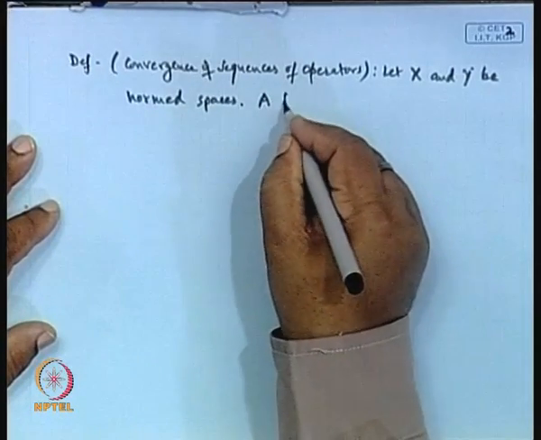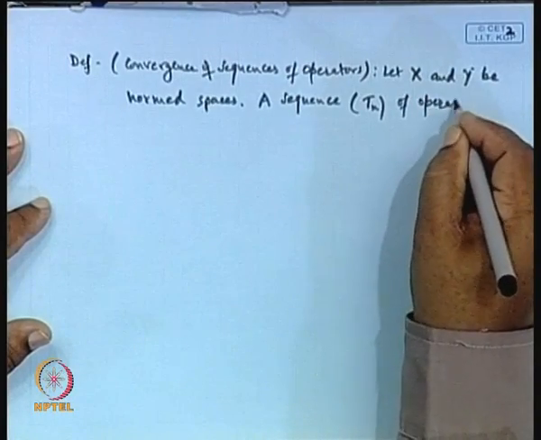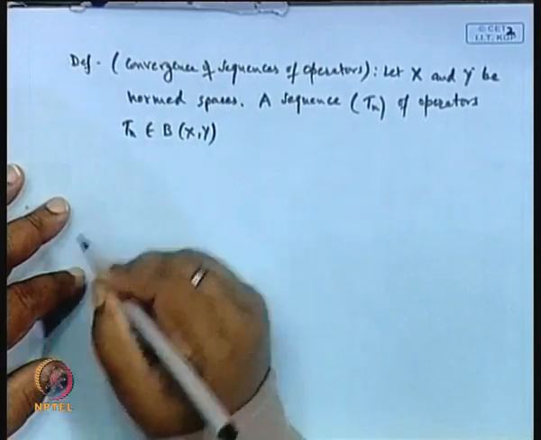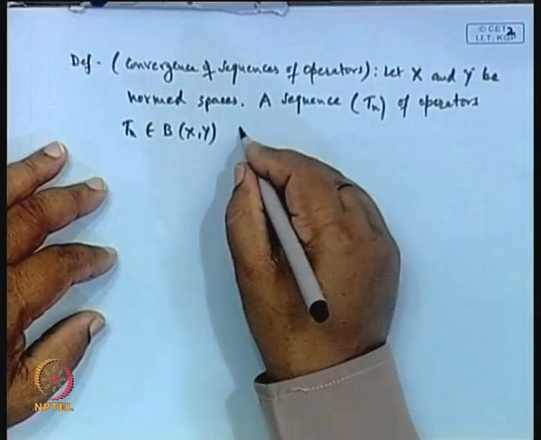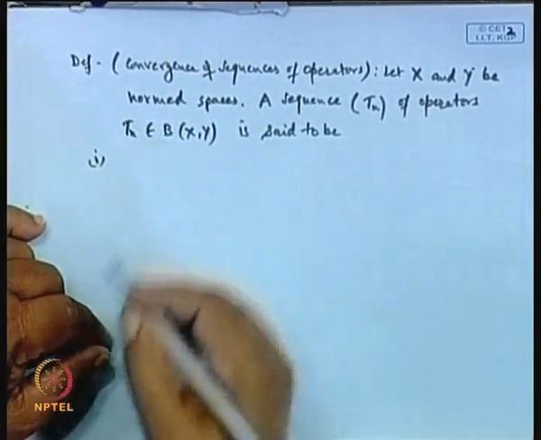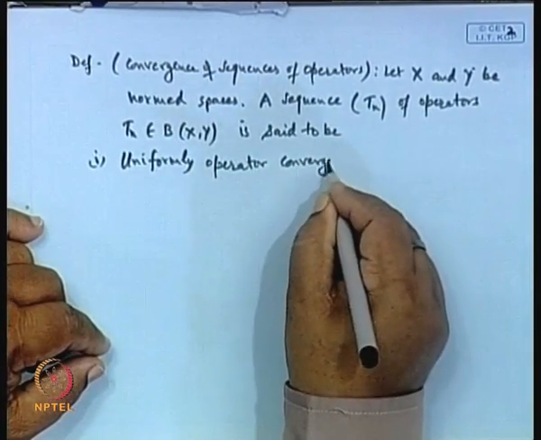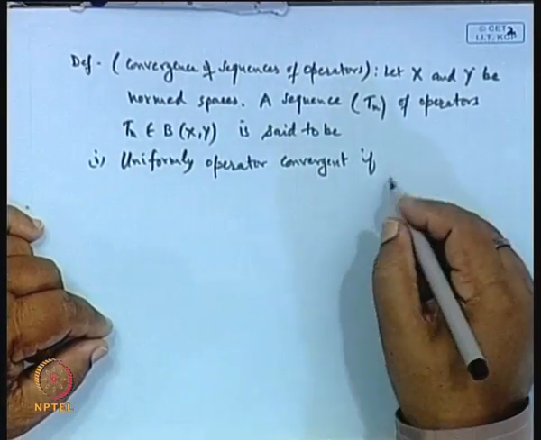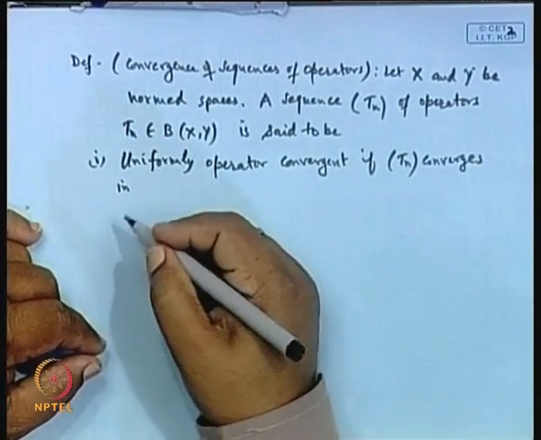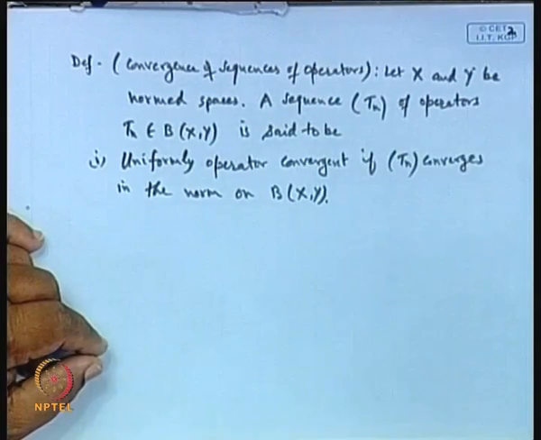A sequence T n of operators, T n belonging to B(X, Y), meaning bounded linear operators from X to Y, is said to be, one, uniformly operator convergent if the sequence T n converges in the norm on B(X, Y).